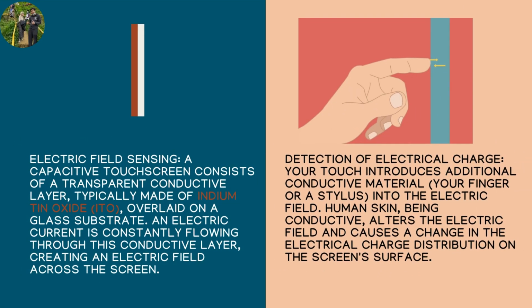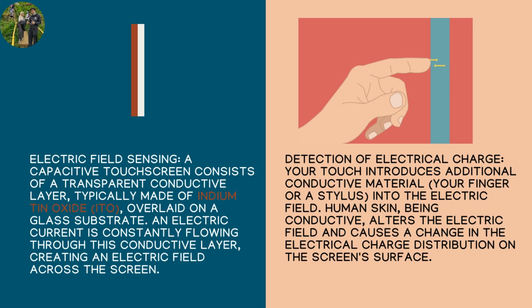So this is how the capacitive screen works. First of all, a capacitive screen has two layers of indium tin oxide overlaid with a glass substrate. When a battery or electric source connects to it, it will create an electric field across the screen.